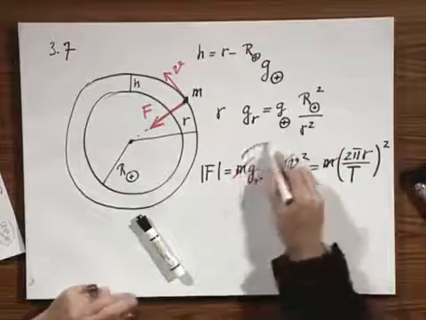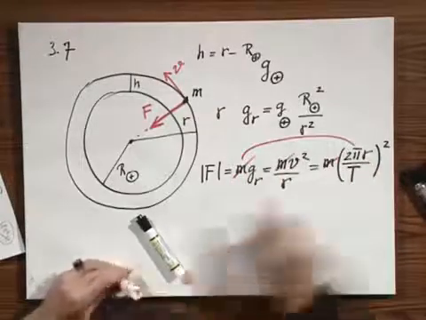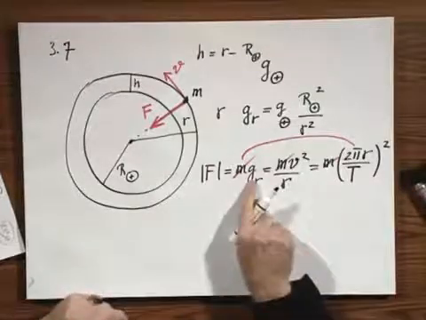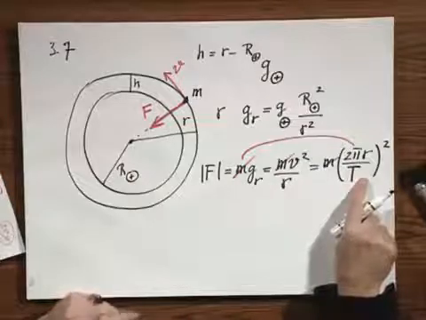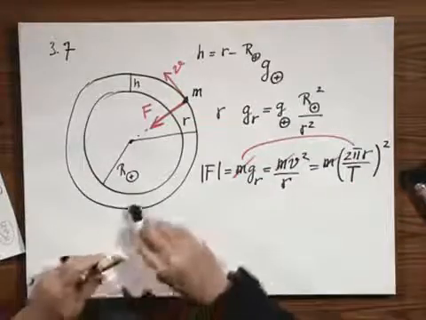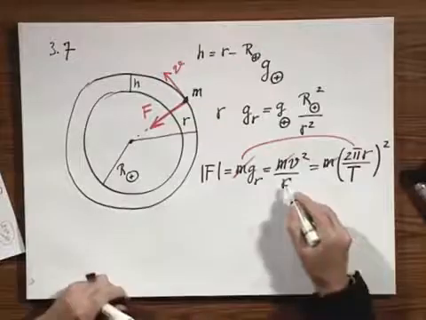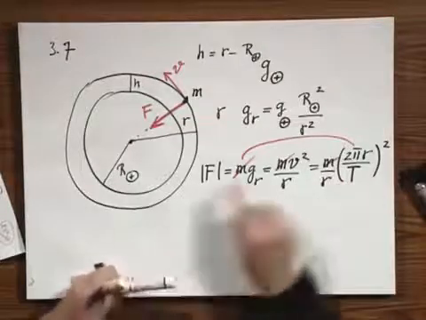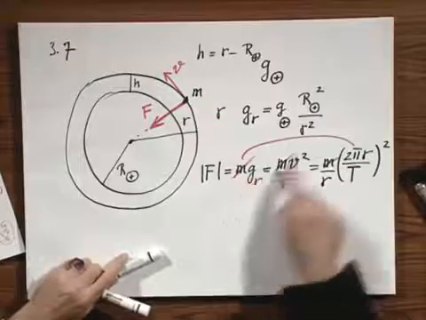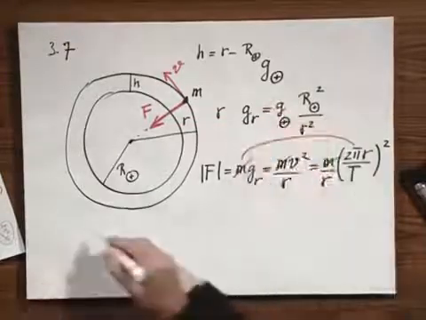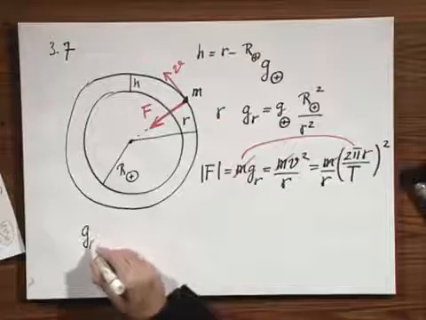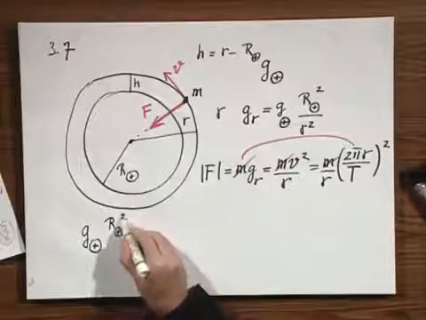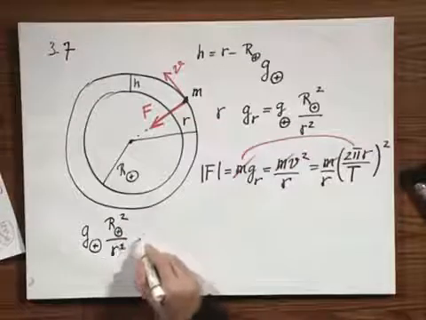and if I combine this part of the equation with that part of the equation, then I find that g_r is this quantity. Oh, by the way, I forgot a little r here. This r must be here. So g_r equals this quantity, but I can replace this g_r by this. And so I'm going to get g measured at the surface of the Earth times the radius of the Earth squared divided by r squared.